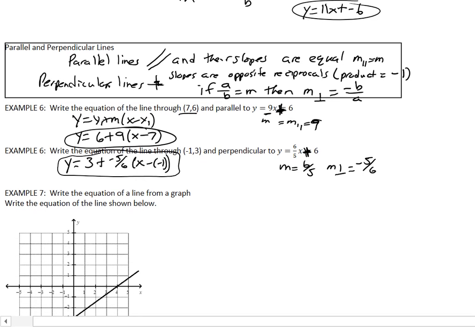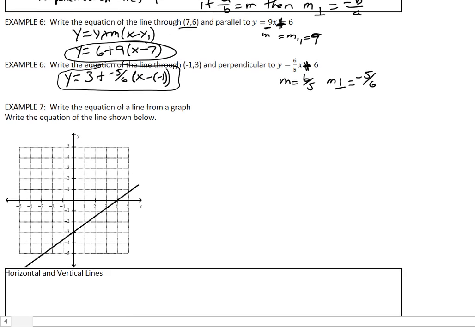Now let's look at example 7 here. Write the equation of a line from a graph. We want to write the equation of the line below. We've seen this line, we did it when we calculated slope. It has the points (4, 0) and (0, -3).